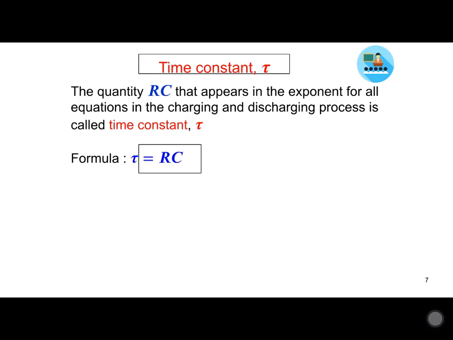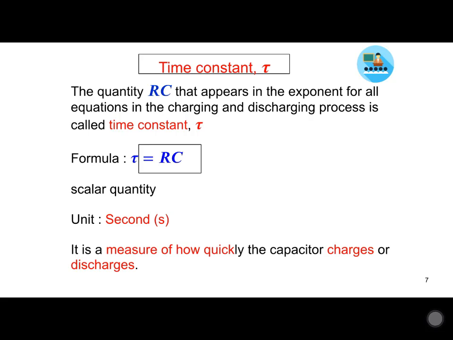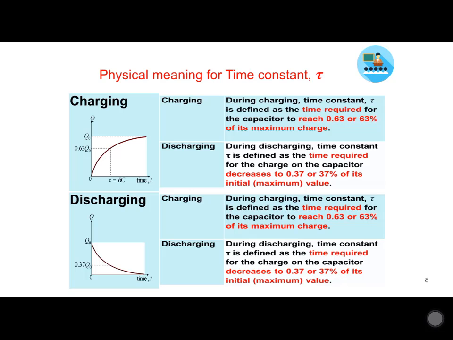Tau is directly proportional to R and also C, the capacitance. The unit is seconds, similar to time. It is a measure of how quickly the capacitor charges or discharges. So this is the physical meaning of the time constant in the case of charging and also discharging.